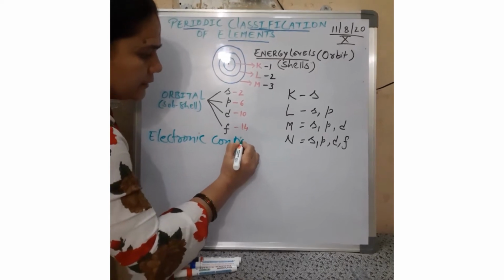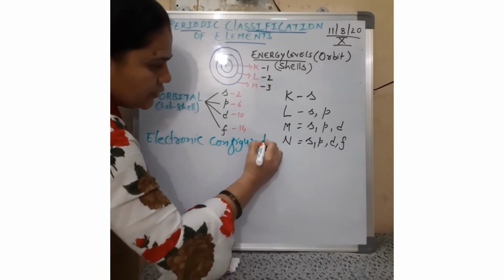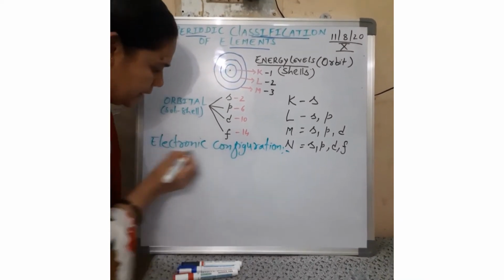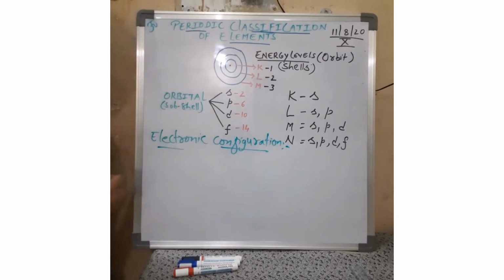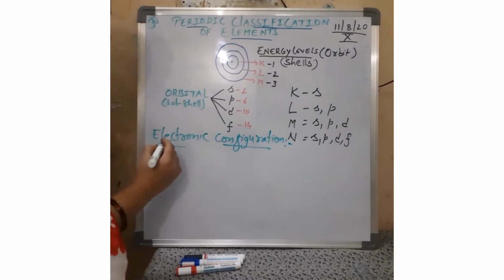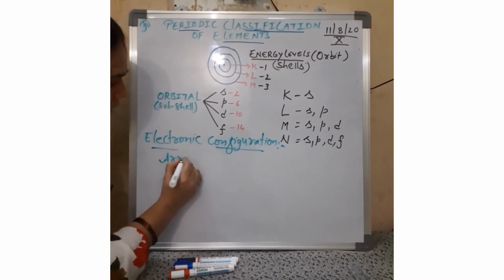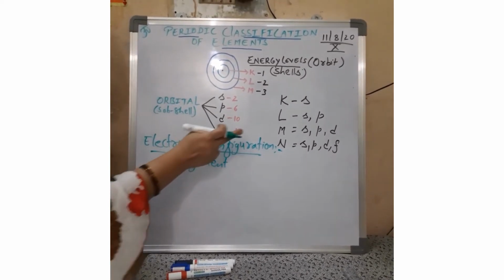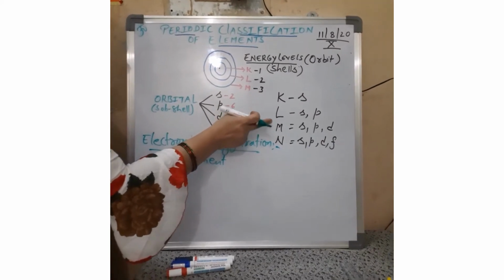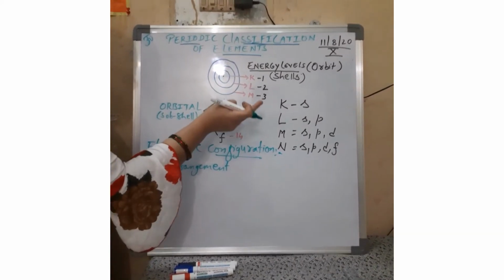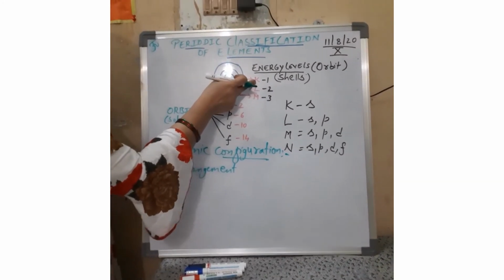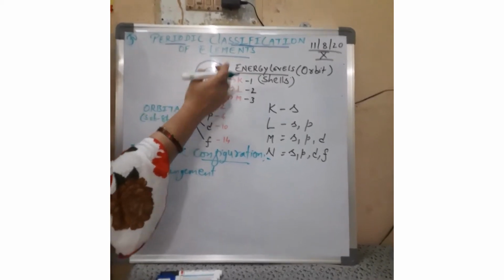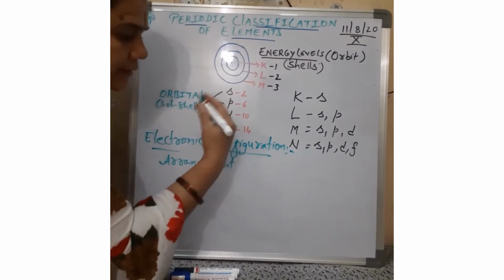The periodic arrangement of electrons in an atom is called as what? Electronic configuration. Now, how are these electrons arranged in an atom? They are arranged in an order. And what is the order? Electron first enters into the lowest energy shell and then goes on to the next higher energy levels.